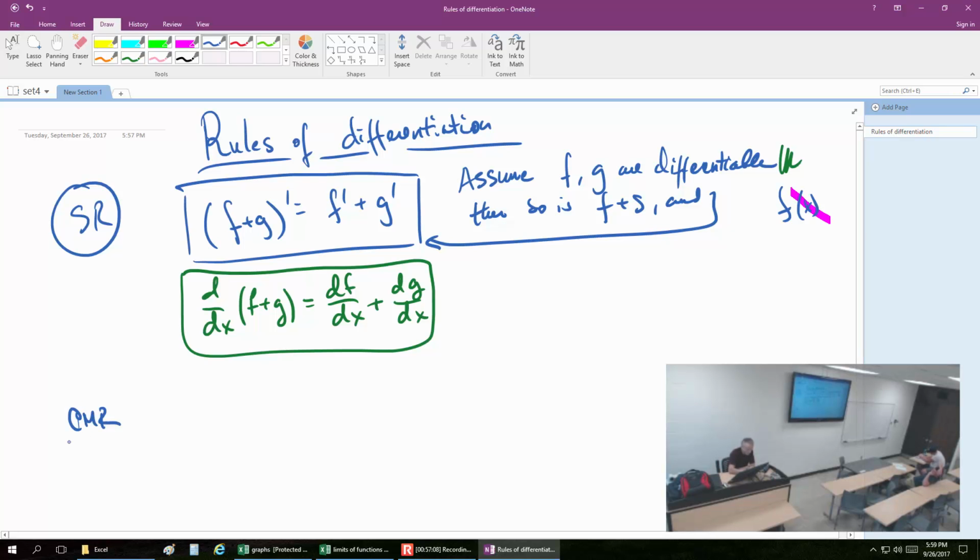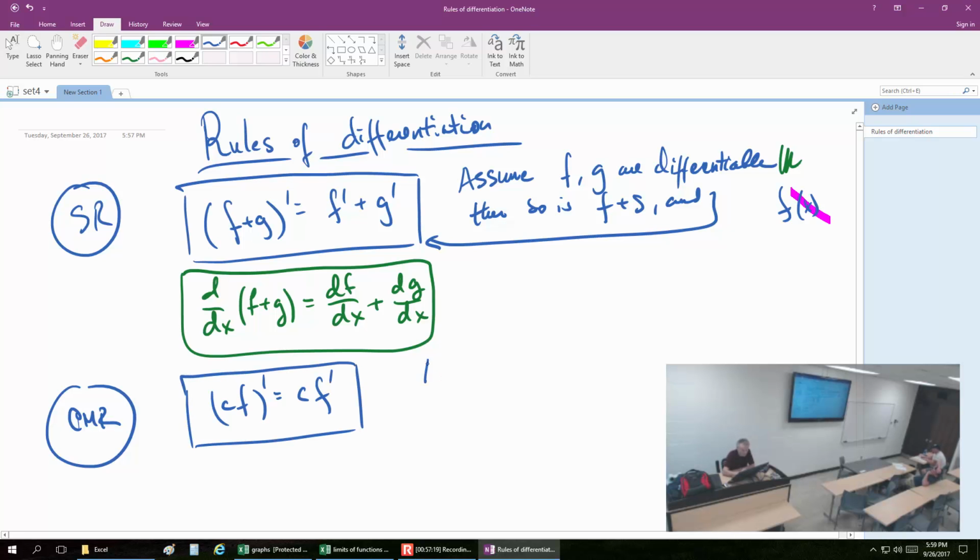Constant multiple rule. So (Cf) prime is equal to C f prime. Once again we assume that f is differentiable at one point or at all points, depending on the circumstances, and C is a real number.